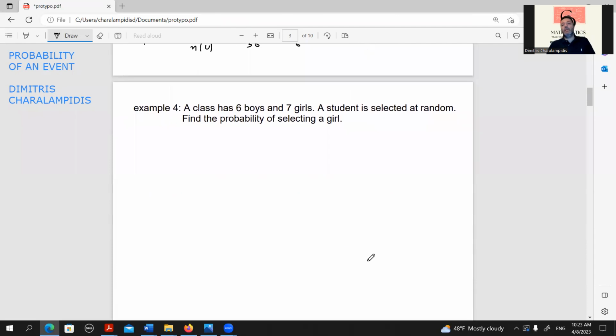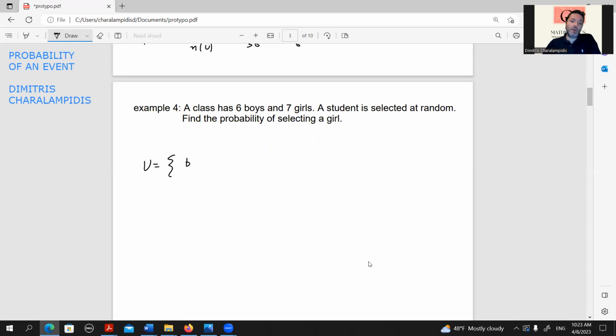And finally, let's see example 4. A class has 6 boys and 7 girls. A student is selected at random. So in this process, the universal set would have been each one of the class's students.